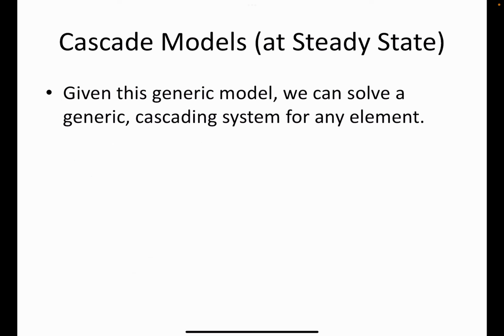Okay, so let's look at the cascade model at steady state. Let's say we have 4 reactors, or 4 lakes. Let me just put 4 lakes here first. Okay, and let's say this is lake 1, lake 2, lake 3, lake 4.